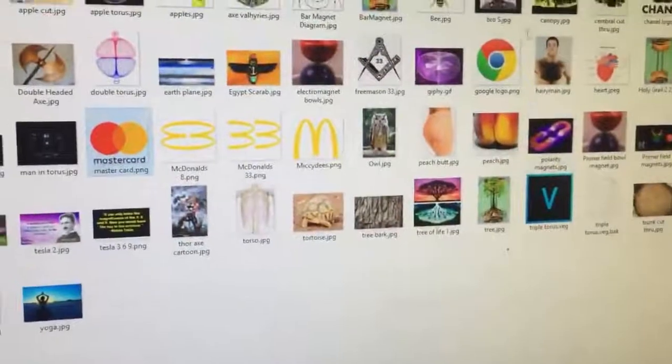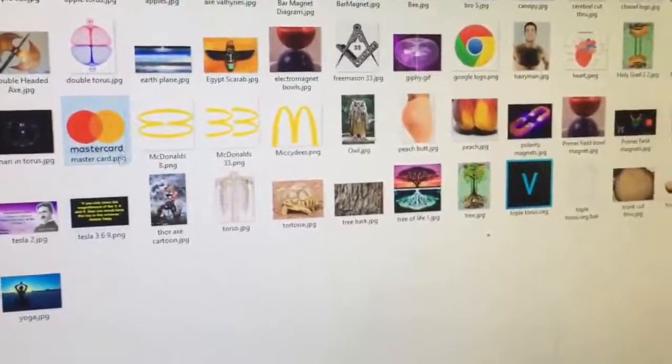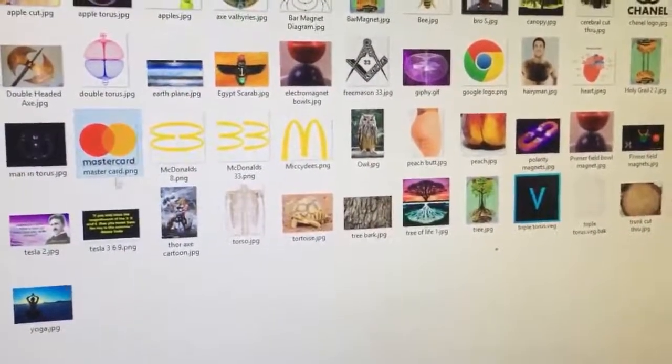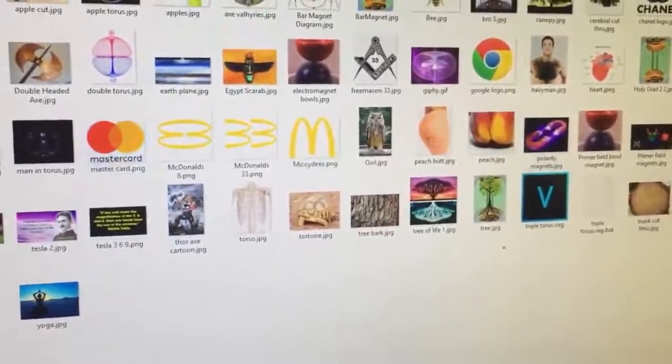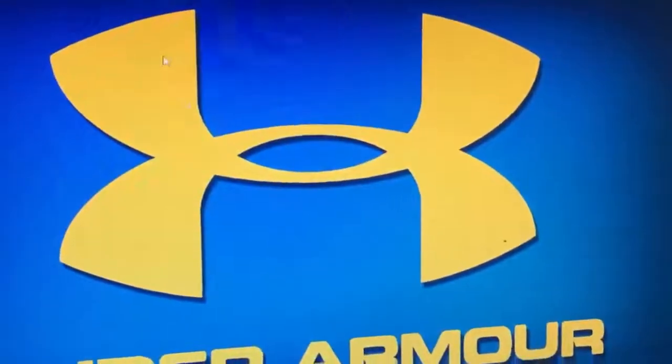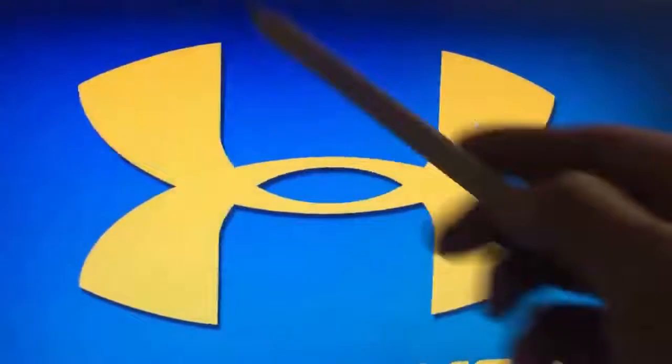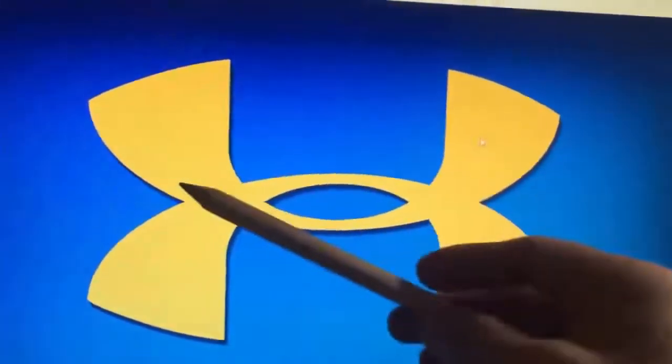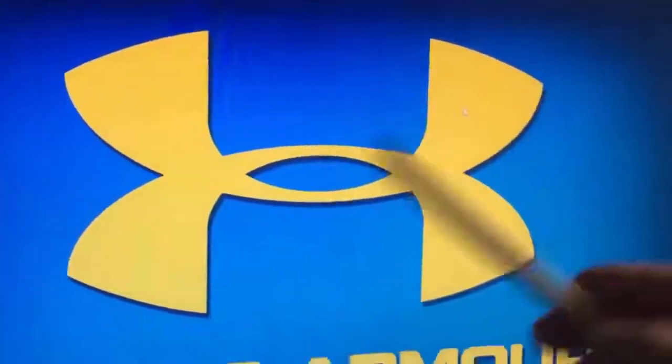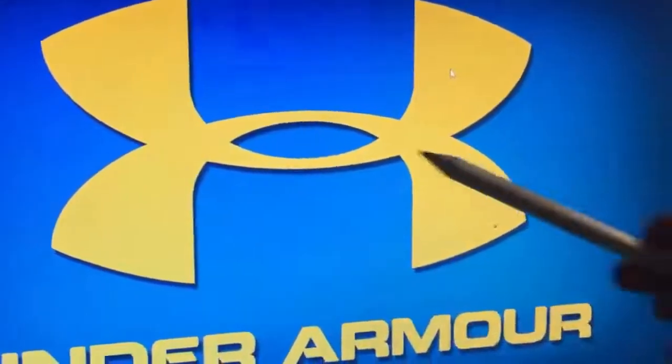This is a logo you'll probably recognize. It's come out a bit big, but that MasterCard logo, and what have I got else? I got a few other logos that kind of fit the bill. This one I really like because it's got this upper cup or bowl, and it's got the lower bowl.